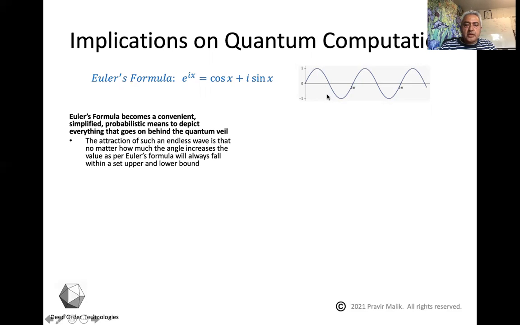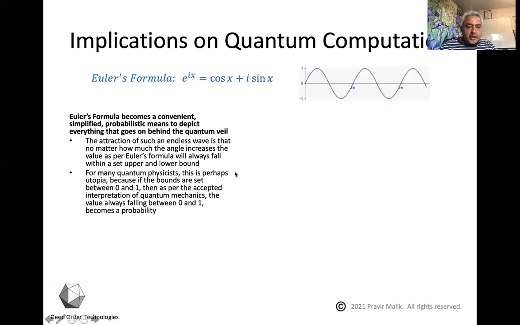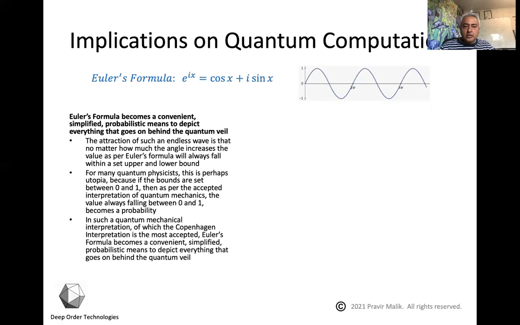And here, if we specify them to be between -1 and 1 or between 0 and 1, then essentially it becomes a probability function. And in quantum physics, everything is considered to be probabilistic. And so we have an interpretation of quantum mechanics in which Euler's formula becomes the perfect means to express any probability that could potentially exist.